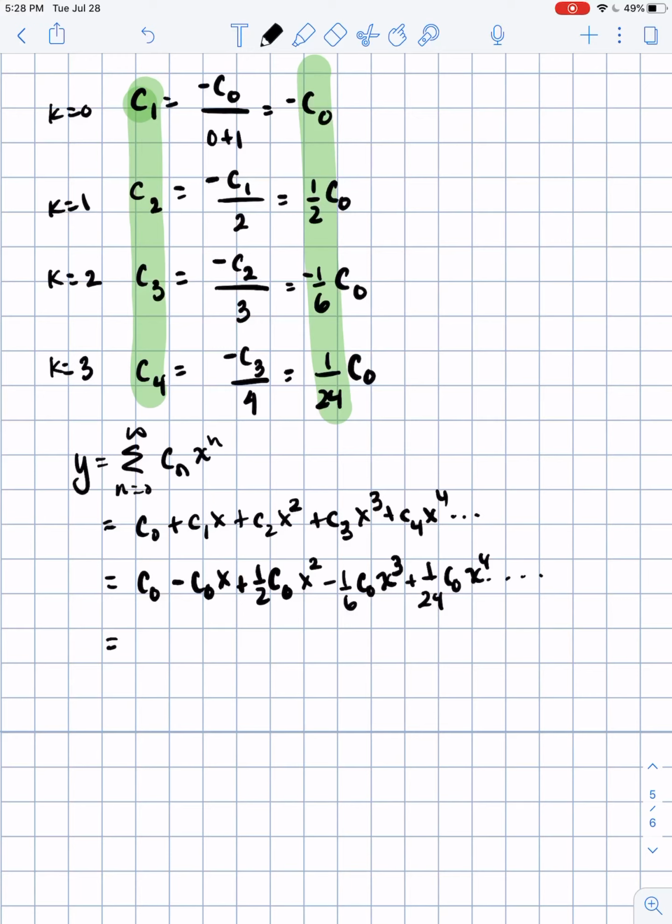Now here, let's factor out a c sub 0. If you factor out, you get 1 minus x plus 1/2 x squared minus 1/6 x cubed plus 1/24 x to the fourth, and then plus dot dot dot, and it continues on.